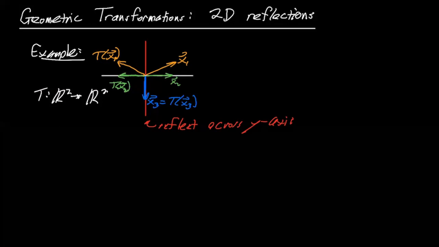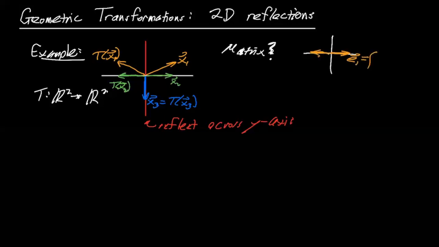If we want the matrix, again, the whole idea is to find the matrix of the reflection. Remember, what we do is we just see what happens to i hat and j hat, or E1 and E2, as we call them, right? So if this is E1, then this is T of E1.